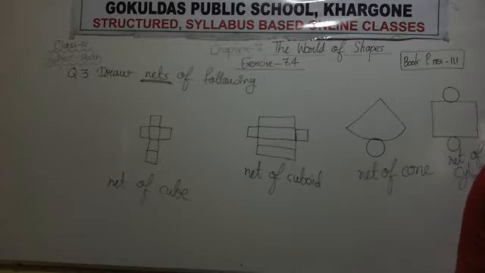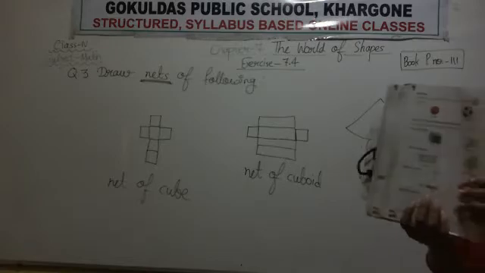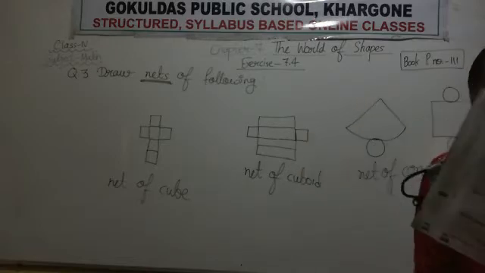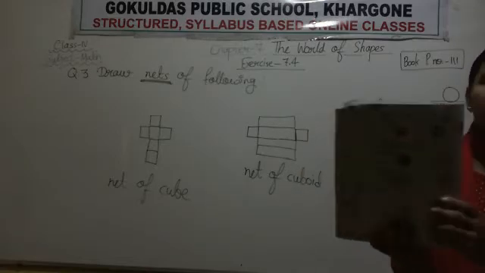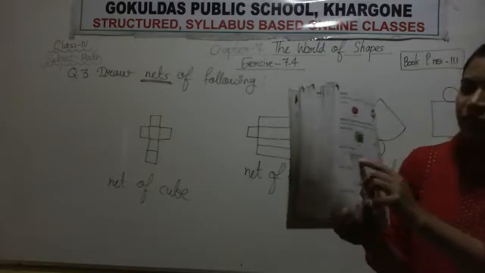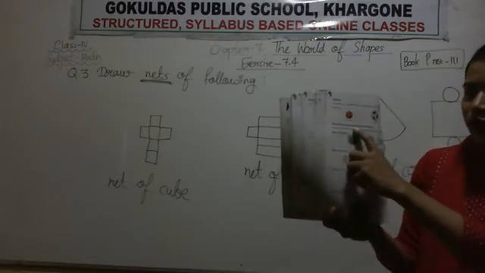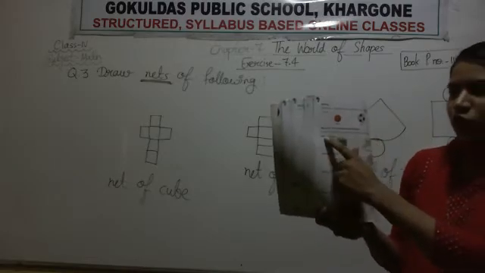So in your book also you can observe on page number 110. On page number 110, a topic is given: net of three-dimensional shapes. So what is written here?